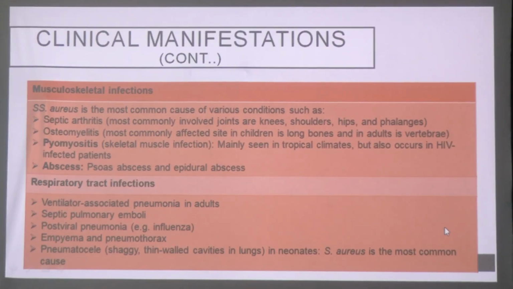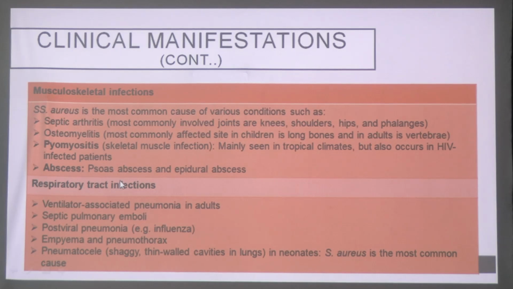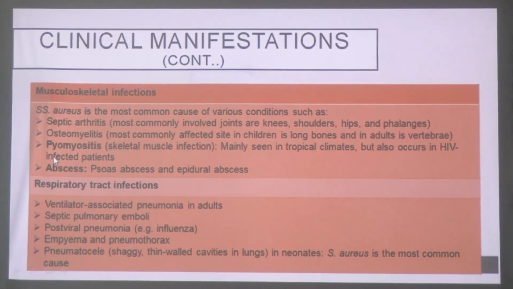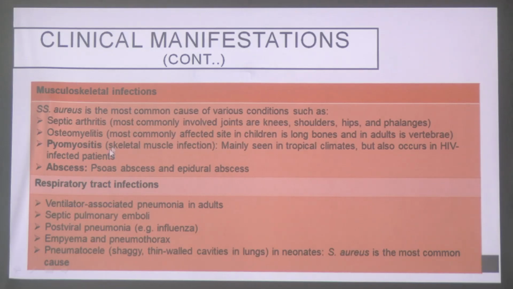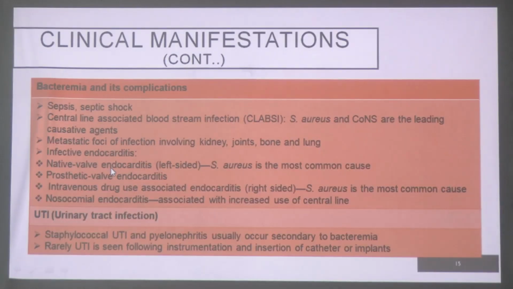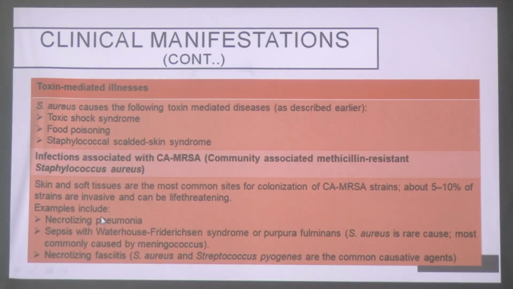Anybody got nauseated? What else can it cause? It can cause everything that is possible, right from musculoskeletal infection to respiratory to UTI, pyelonephritis, meningitis, anything. But what are we discussing today? We are discussing skin and soft tissue infections. I told you they can cause bacteremia, they can cause UTI.